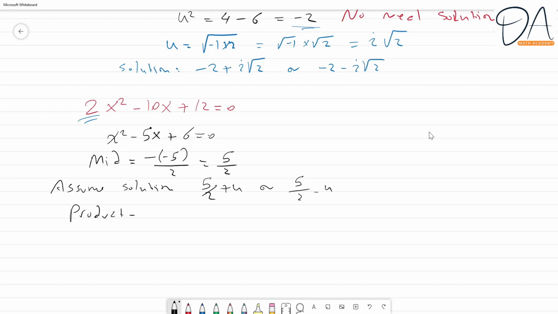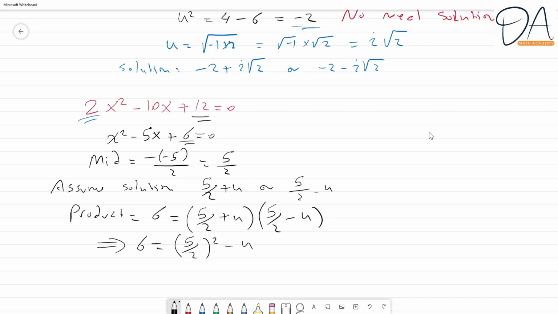So the product is equal to the c term, sorry, this one, 6. And we can also get it by multiplying 5 over 2 plus u and 5 over 2 minus u. This would give us 6 equal to 5 over 2 squared minus u squared, and this one is equal to 25 over 4 minus u squared.